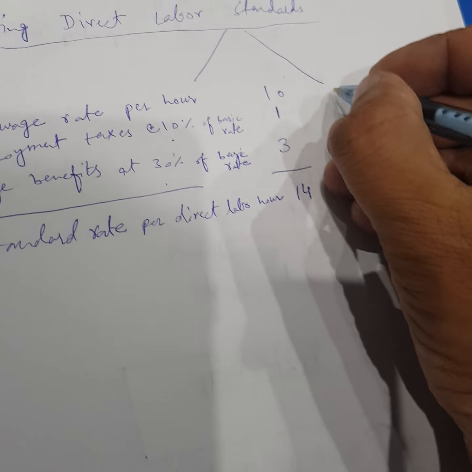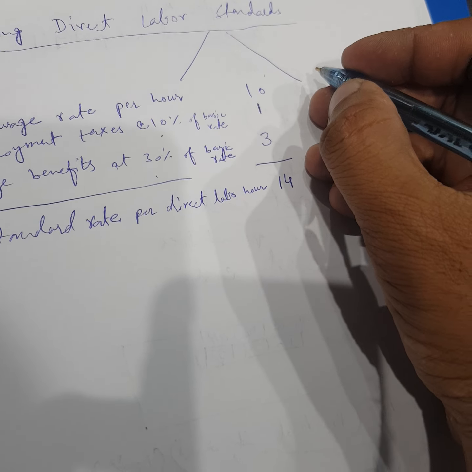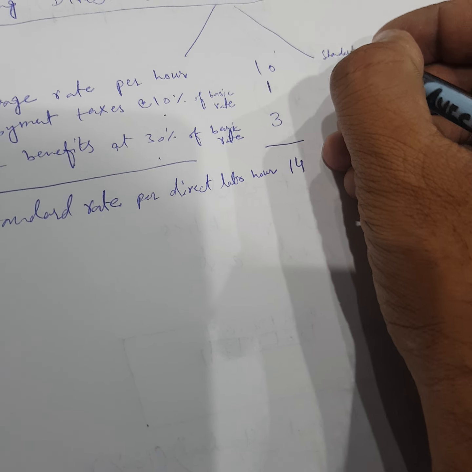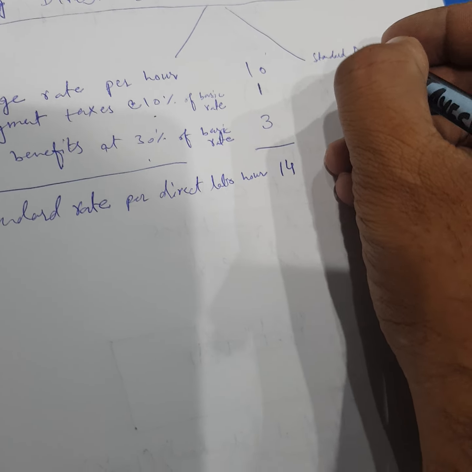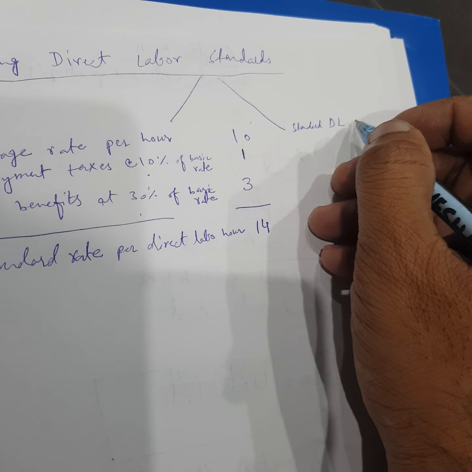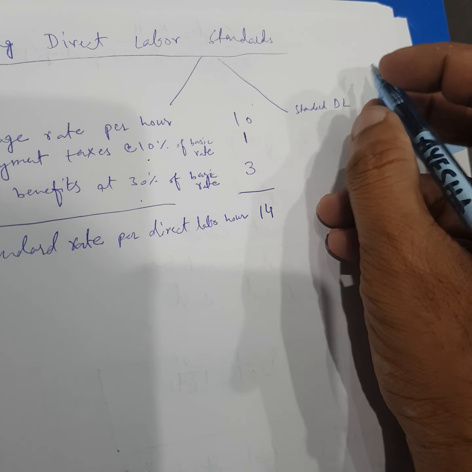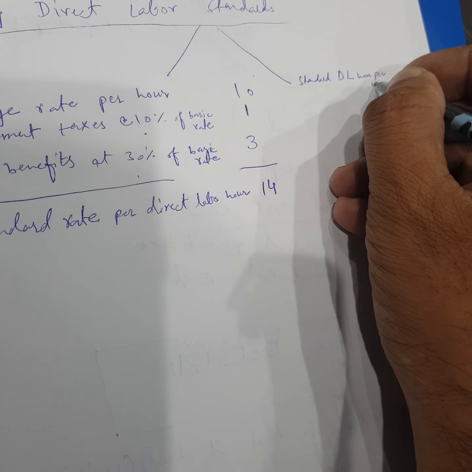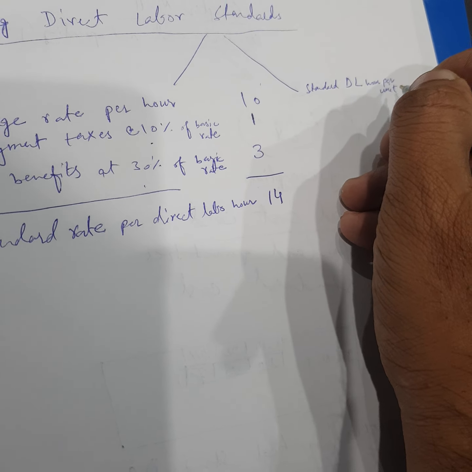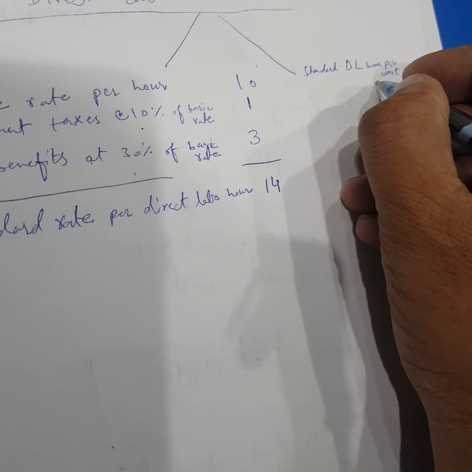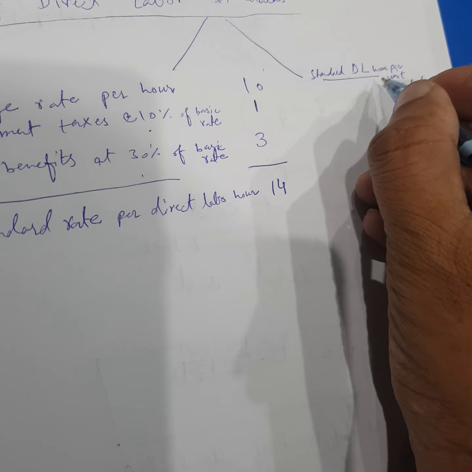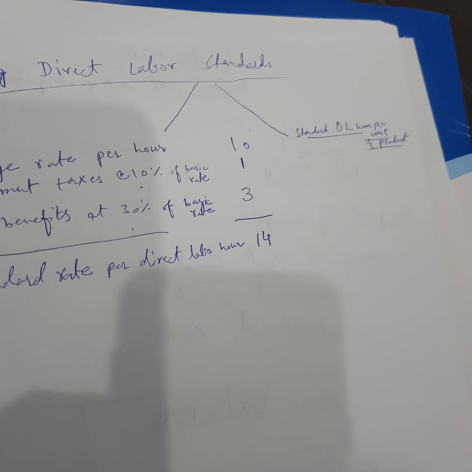The second part will be standard direct labor hour per unit of product. How will this be calculated?